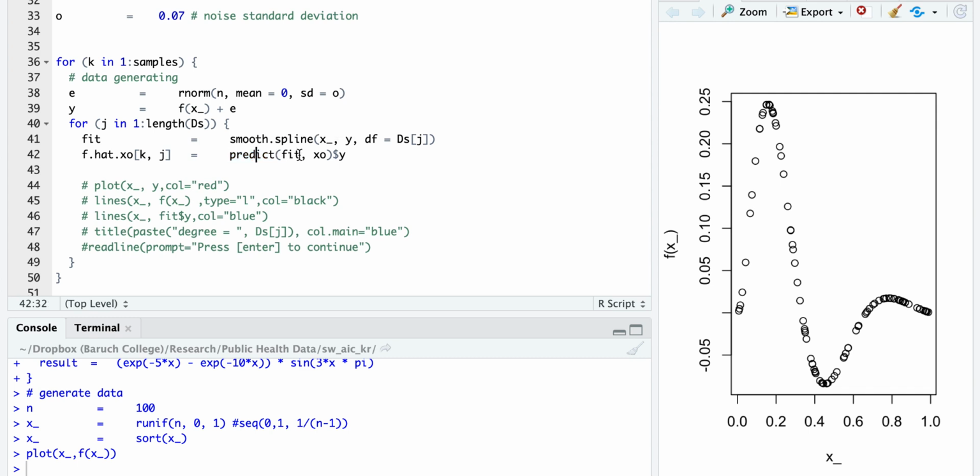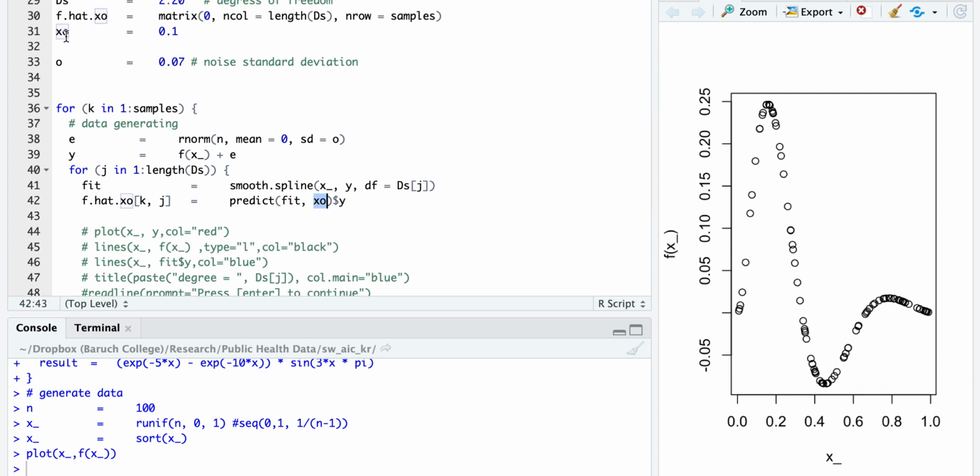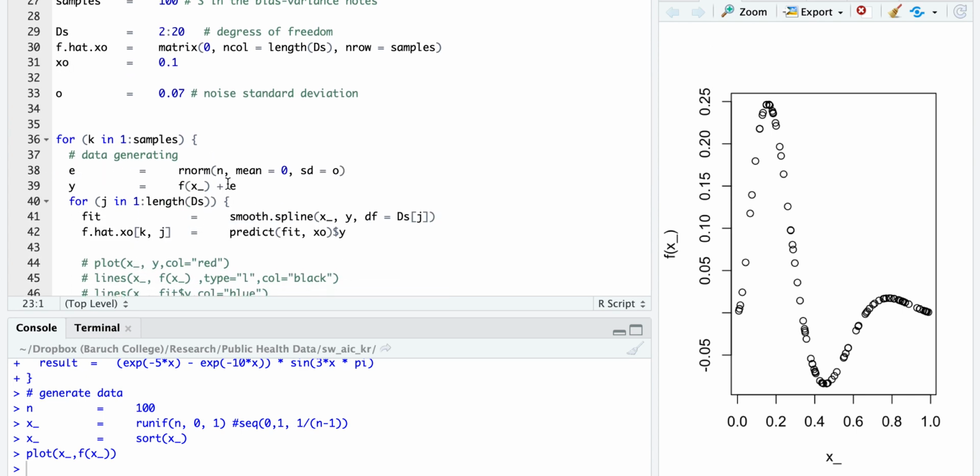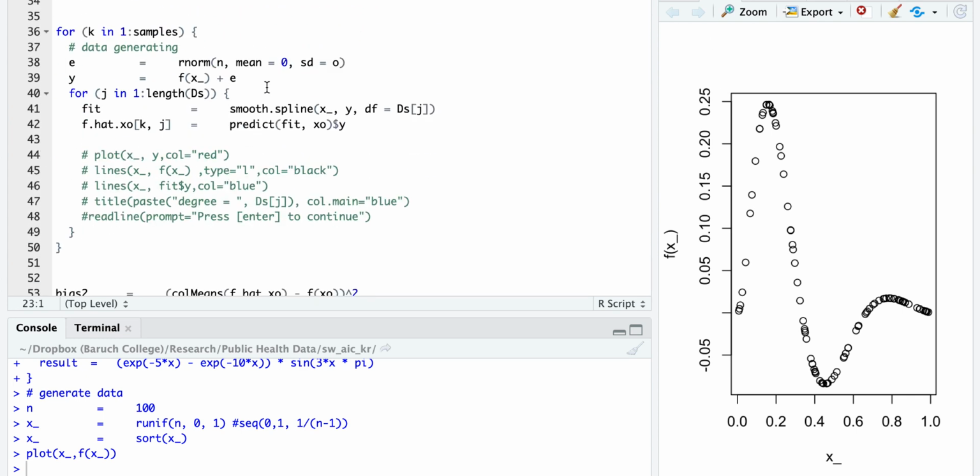We predict using the smoothing spline the value at x0, which is our unseen data point. x0 may not be among these x's. Well, the x's are fixed, so these x's, yes. And then we have the prediction, and we put that prediction in the kth row and the jth column of f hat x0.